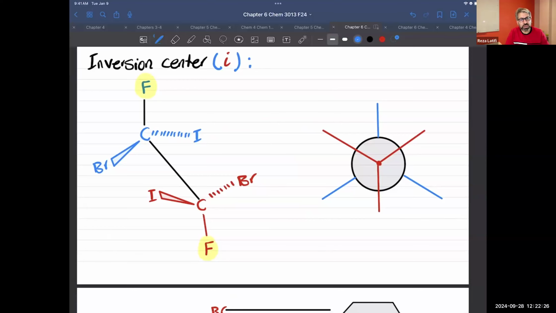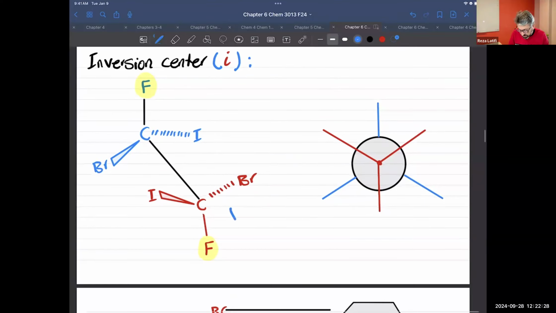If I look at the molecule from this direction and try to present the Newman projection for it, I see one fluorine down here, and another fluorine is going to be somewhere there. On the right side, when I look at fluorine, which fluorine? This one. When I look at it on the right side, I'm going to see bromine. So I'm going to put the bromine here. And on my left hand, I'm going to see iodine.